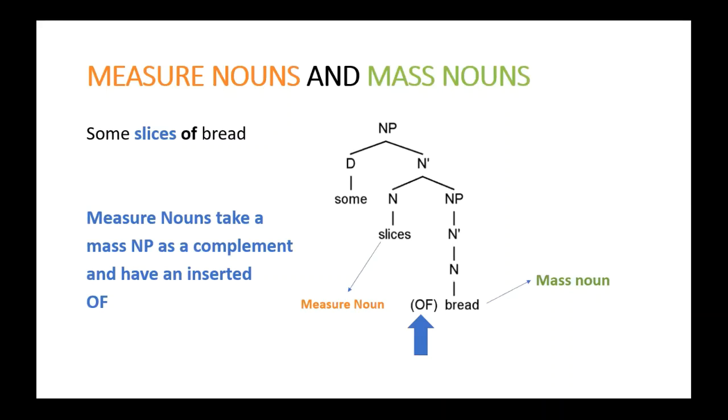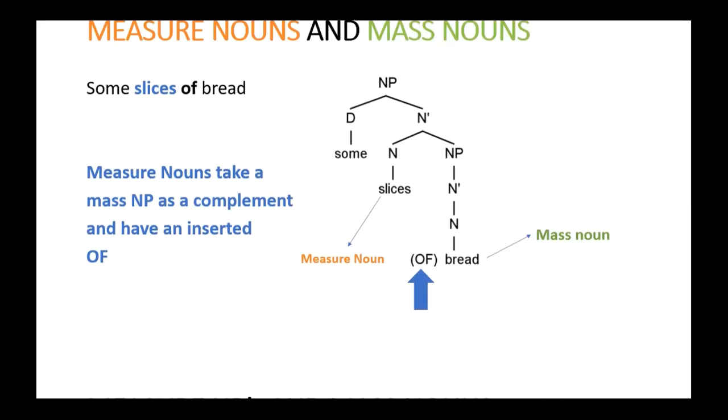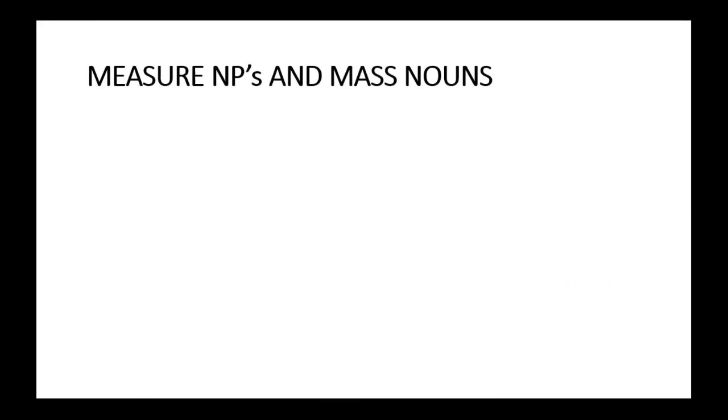Okay, so some slices of bread. Show me the structure for that. A drop of water. Okay, so water, again, I cannot say one water, two waters, three waters. You count the drops in this case. Or if you're talking about bottles, then you would count the bottles. You say one bottle of water.